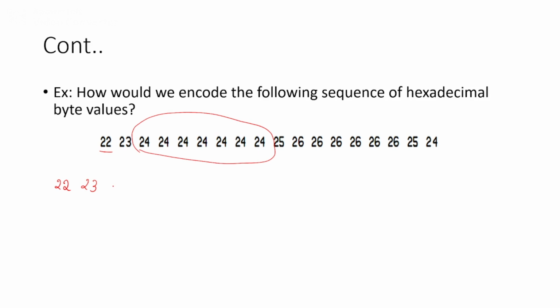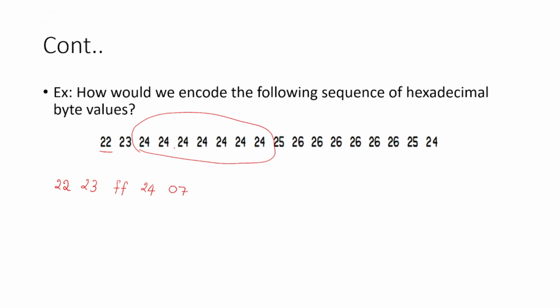So I will place a special run length code indicator. You can use any symbol or character. Here I am going to use F as the special code indicator, and then comes the pixel value which is repeating. So 24 is repeating, and then comes how many times it got repeated, 7 times. So I will write it as 7.